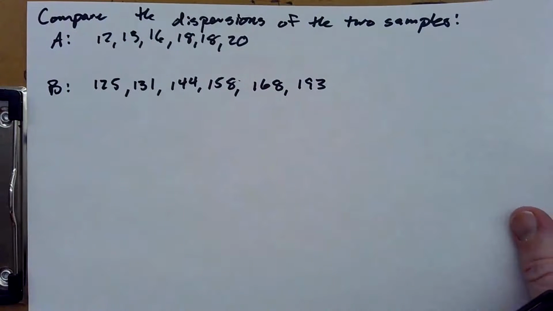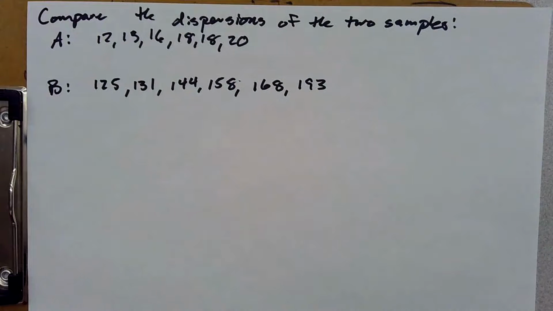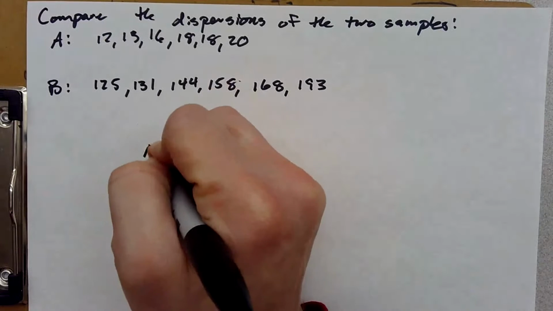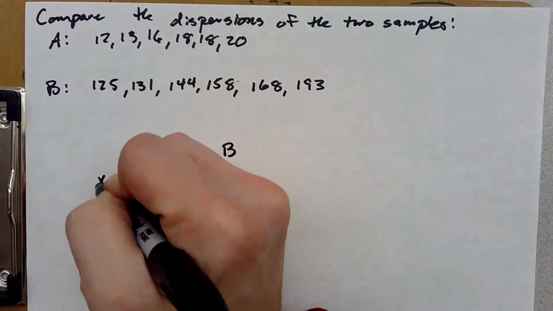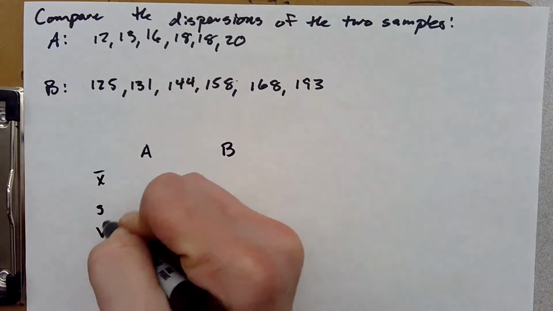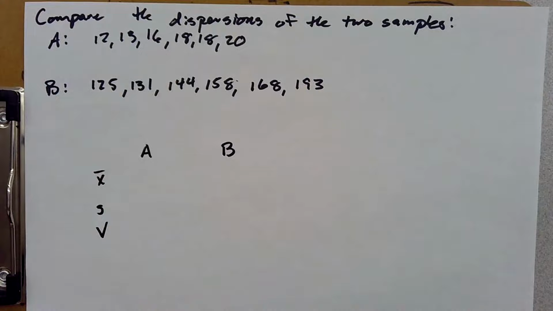Last question. We're asked to compare the dispersions of these samples A and B. We're given 3 values for each of these. We're given X bar, S, and V, the coefficient of variation.